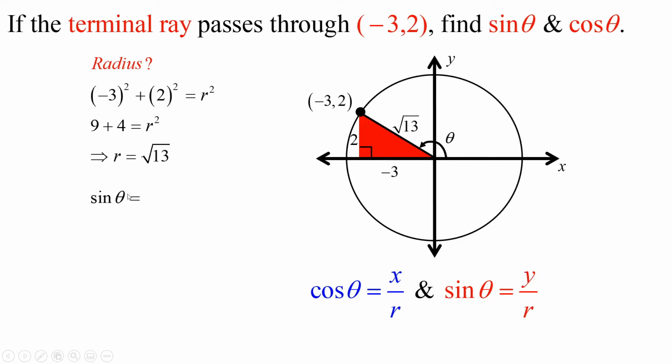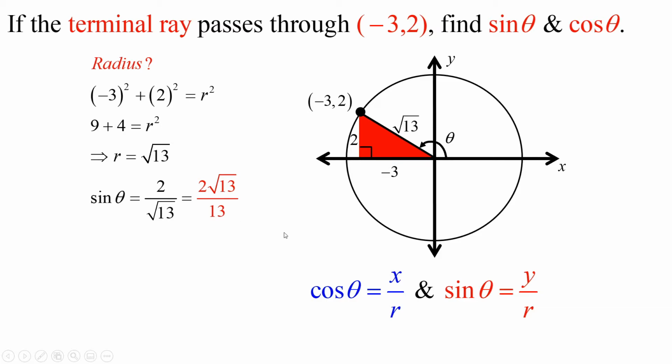So y over r would be, well, what's the y coordinate of my point? It's a 2. What's the radius of my circle? Root 13. And now we need to rationalize our denominator for full credit. So let's multiply the numerator and the denominator by root 13 to get 2 root 13 over 13. I hope you remember that from last year.